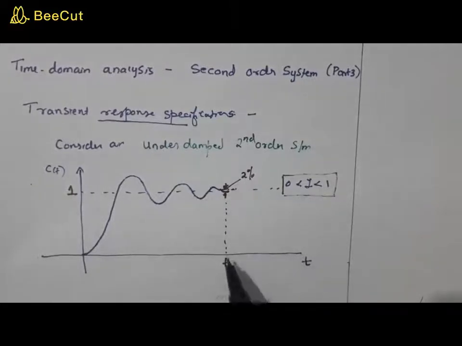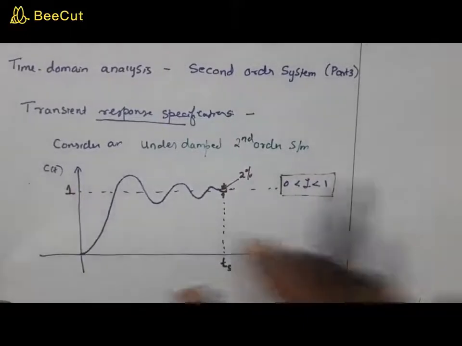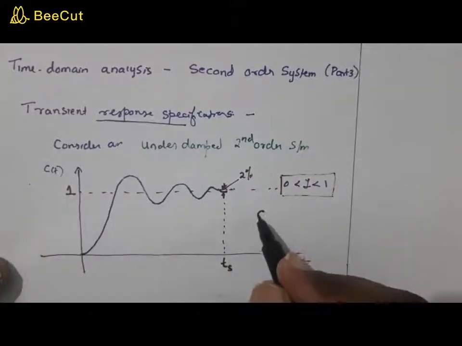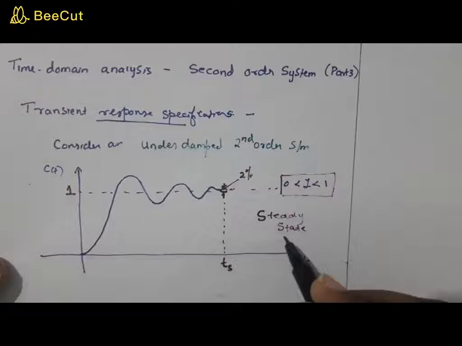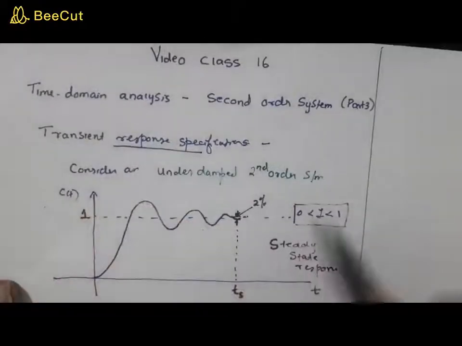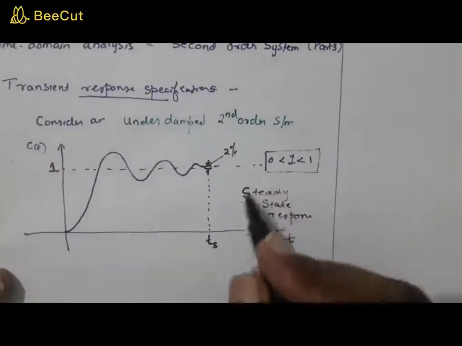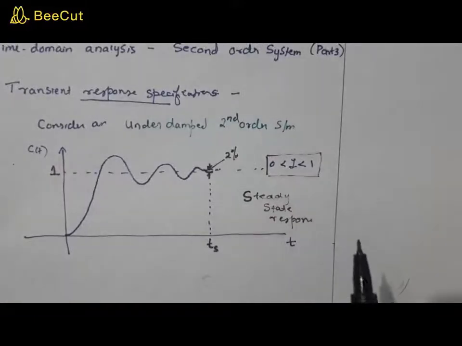That means after this time TS, the system almost achieves the desired value, and the part of that response where it reaches this desired value is called the steady state response. Okay, so this is actually the output response of a second order system which is subjected to a unit step input.